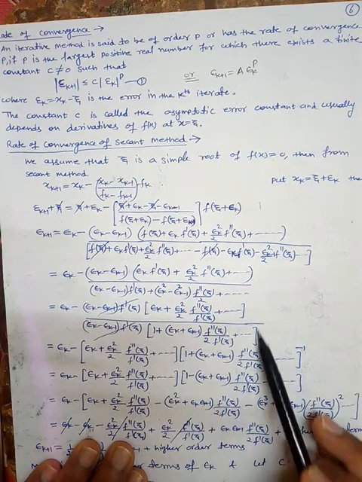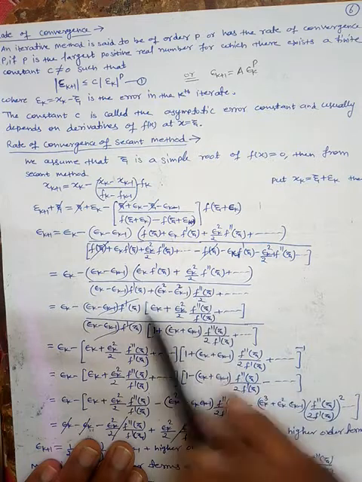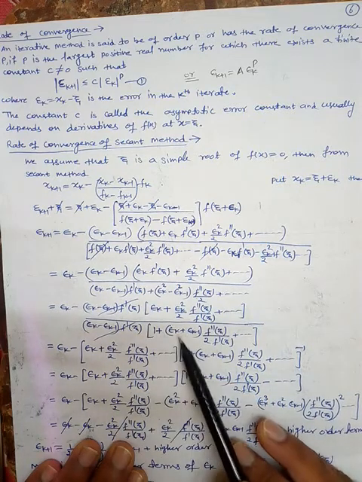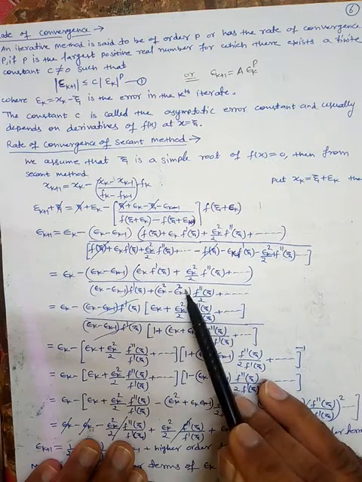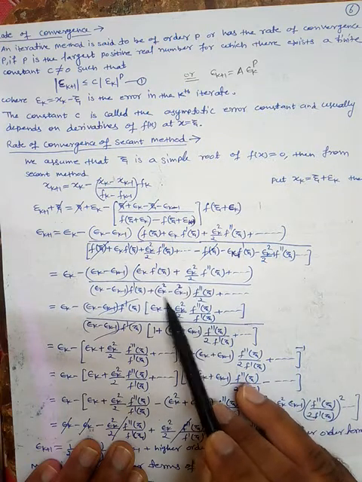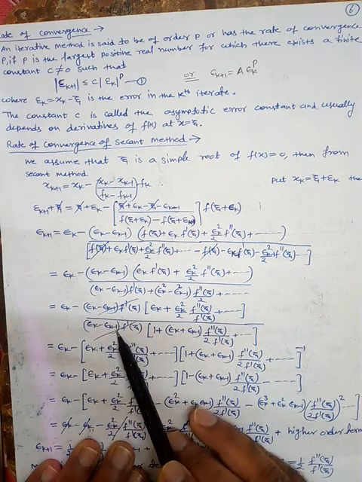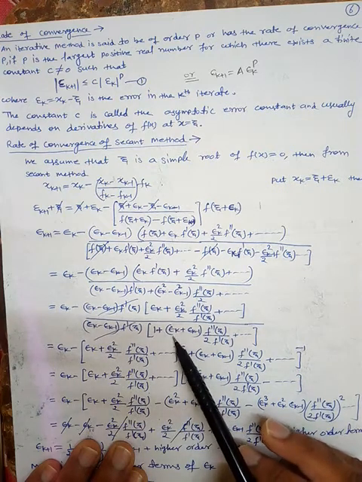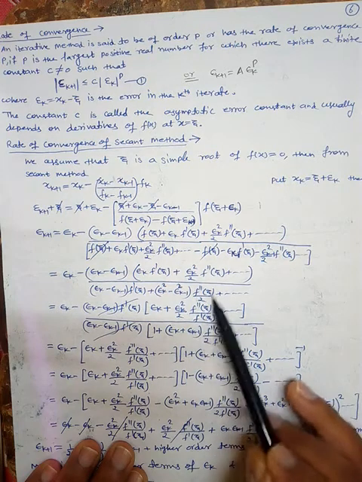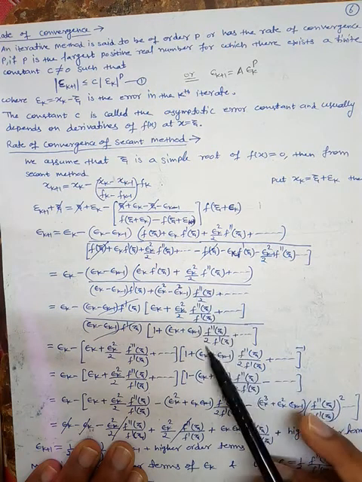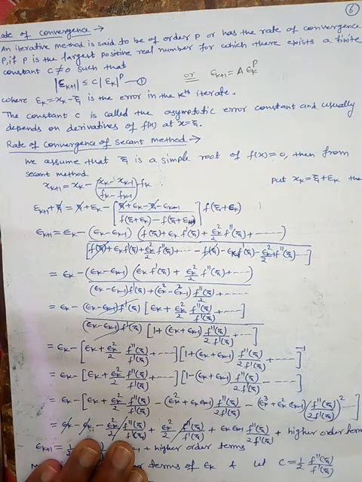So what we will have in the bracket, in place of this, we have 1 plus this quantity divided by this quantity, so epsilon k. Since here if you factorize this, you will have a common factor epsilon k minus 1, which you have already taken common here. So what we will have left is epsilon k plus epsilon k minus 1, then the second derivative divided by 2 and this quantity, and so on.